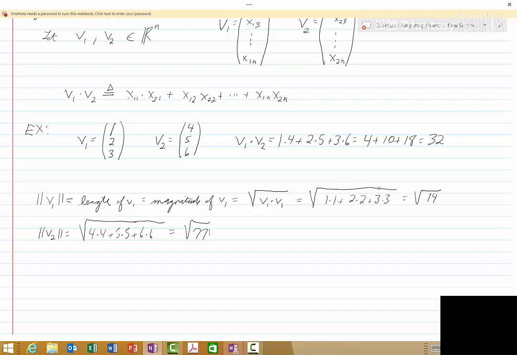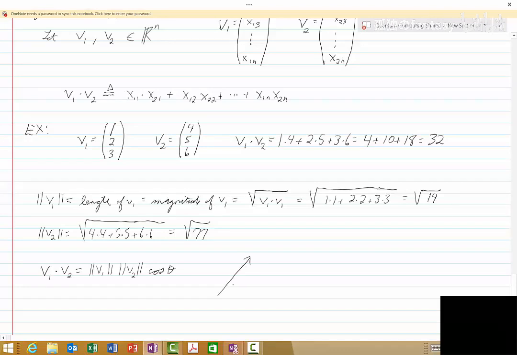And then another important concept about the dot product is the following. V1 dotted with V2 is equal to the magnitude of V1 times the magnitude of V2 times the cosine of the angle between them.